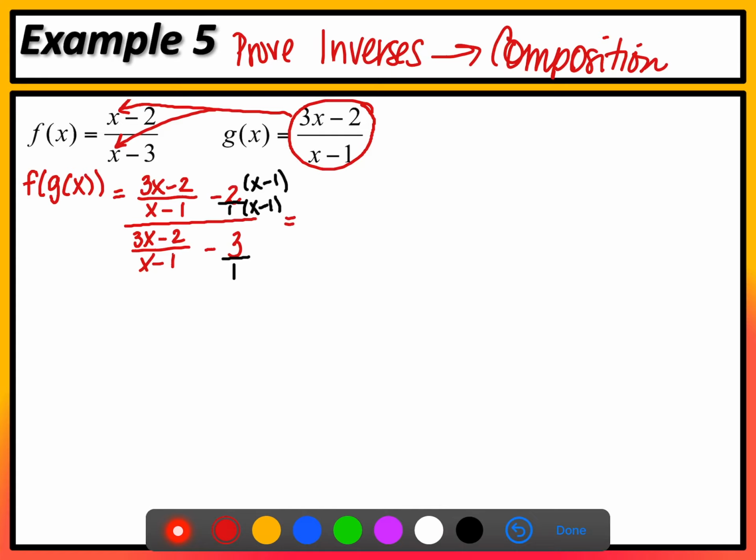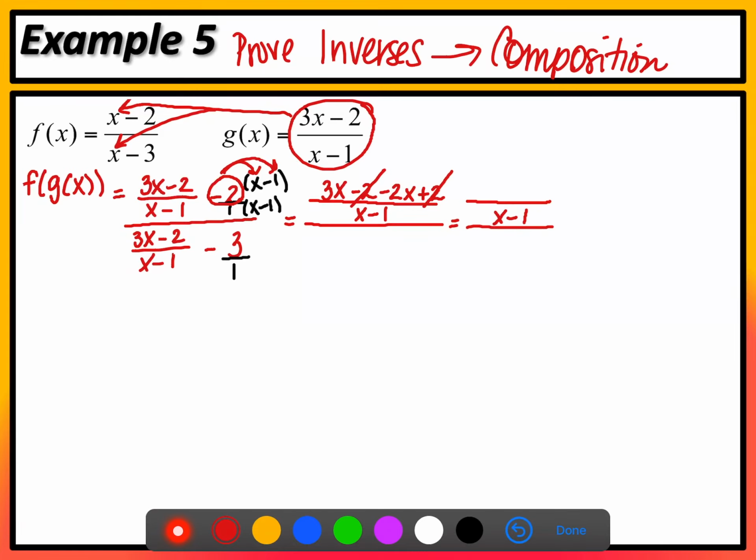Okay, so in the top, I'm going to multiply that by x minus 1. Okay, and just pay attention here, you are distributing a -2. Okay, and we can even do one more step here before going to the bottom. Okay, we can combine like terms on the top. So these are going to cancel, and 3x minus 2x.